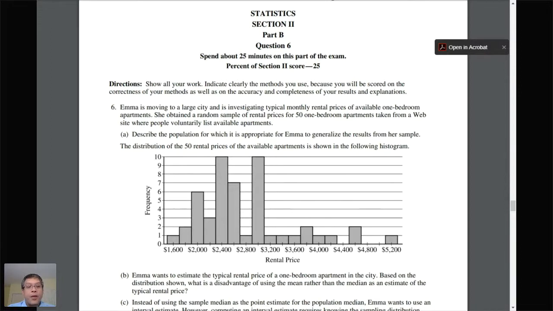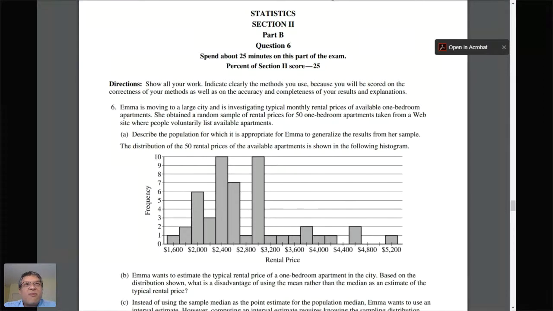Now we look at part B, where it says Emma wants to estimate the typical rental price of a one-bedroom apartment in the city. Based on the distribution shown, what is a disadvantage of using the mean rather than the median? Here we see that this distribution is skewed, with the tail on the right. It is skewed right.